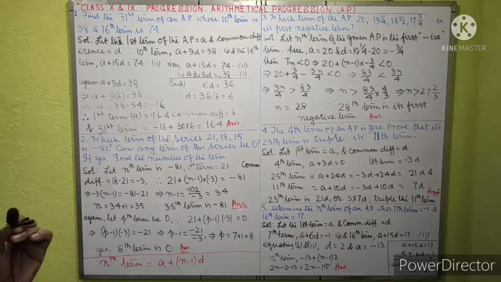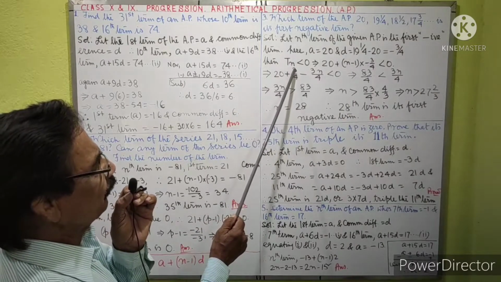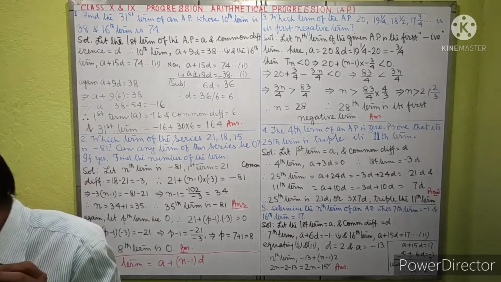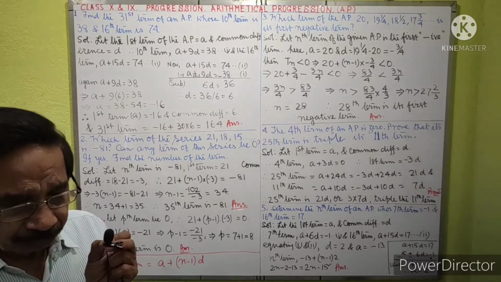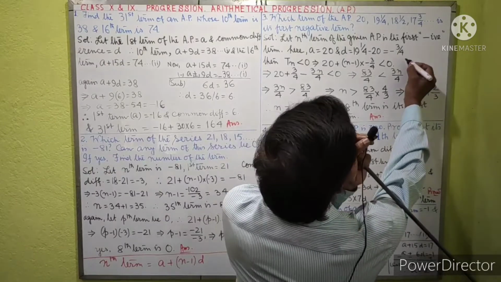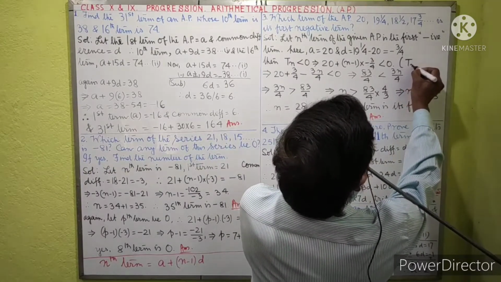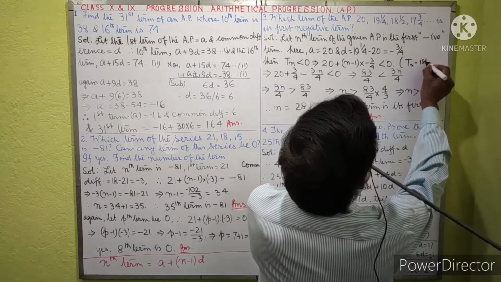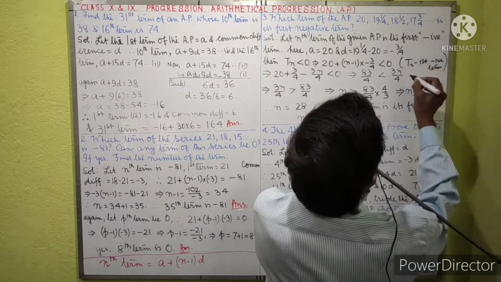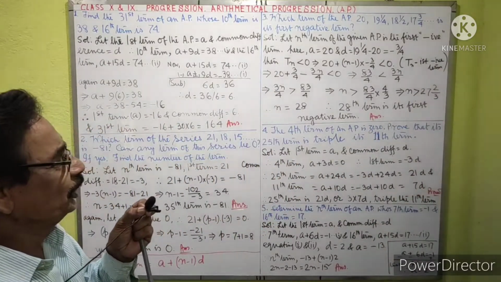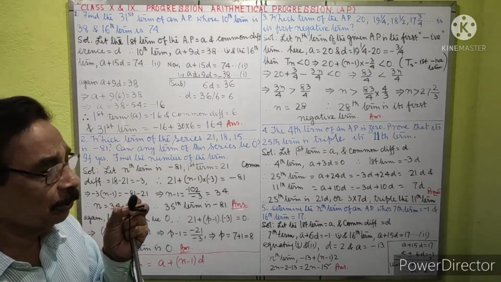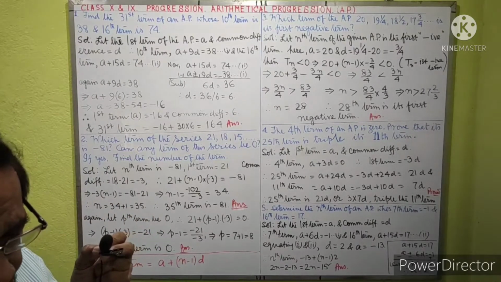Let Tn be the negative term. When Tn is a negative term, Tn is less than 0. Therefore Tn equals 20 plus (n minus 1) into minus 3/4, which is less than 0, because Tn is less than 0.